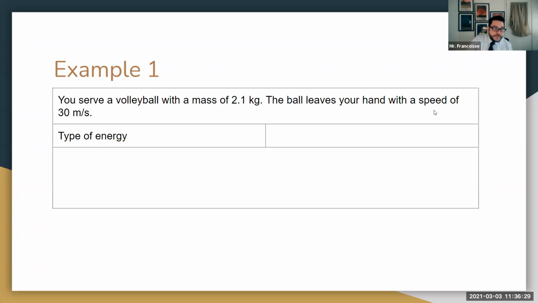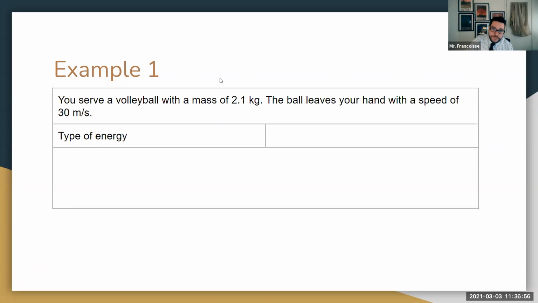If we're given a speed, we're looking at a kinetic energy. So the type of energy that we have is kinetic energy, because our ball is moving. So we can fill in our type of energy is going to be kinetic energy.